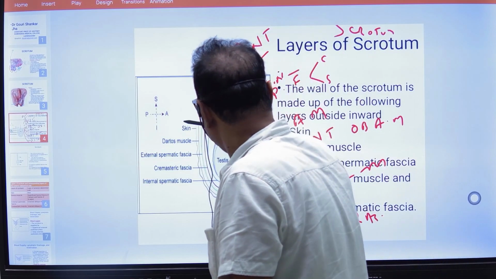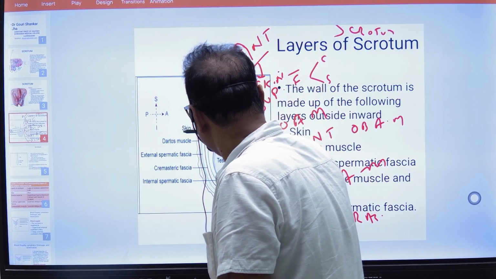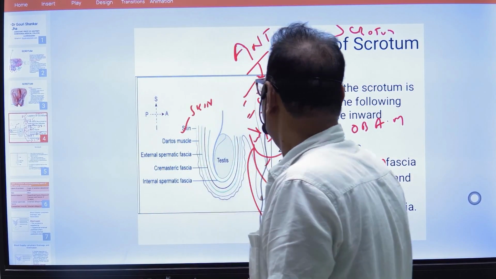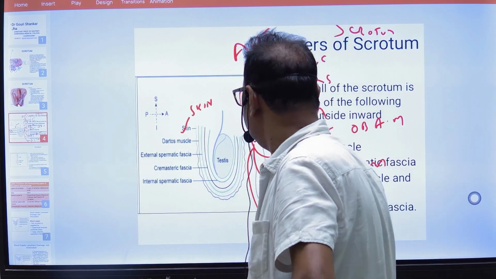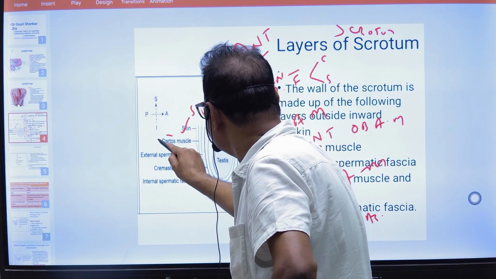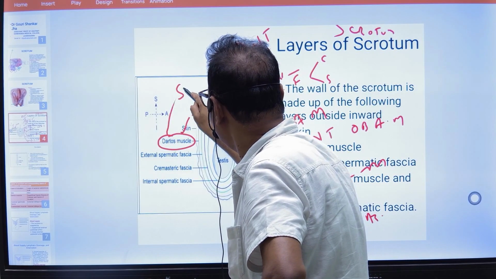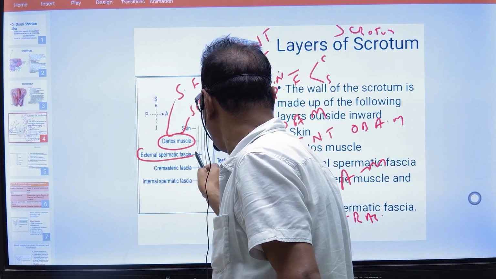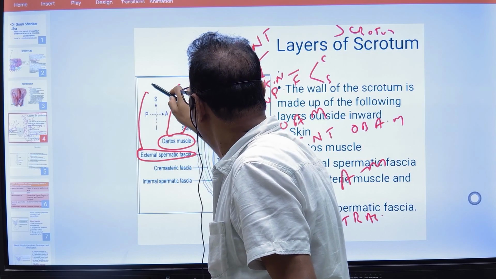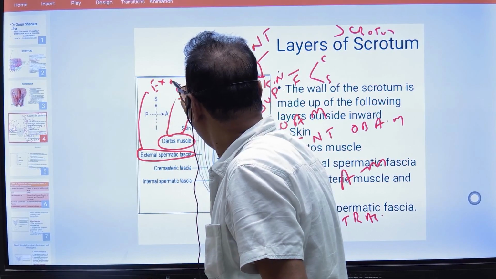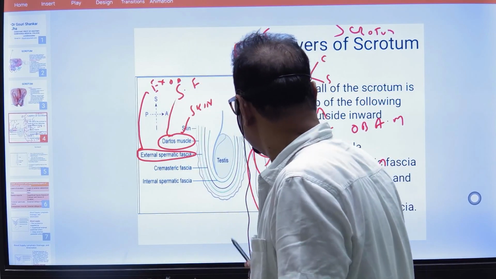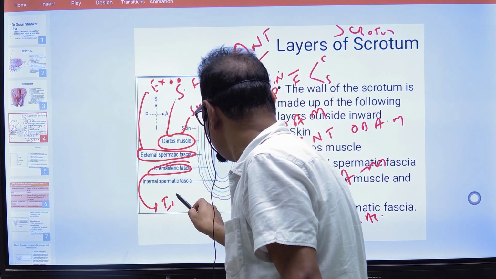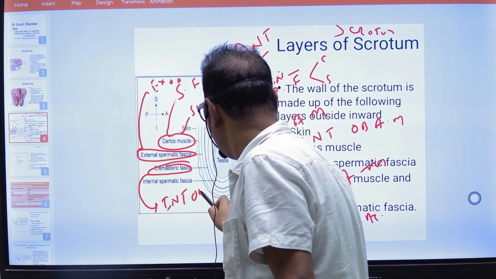So the skin of the anterior abdominal wall is continuous with the skin of the scrotum. The dartos muscle will be a derivative of the superficial fascia. The external spermatic fascia will be a derivative of the external oblique abdominis muscle. The cremasteric fascia will be a derivative of the internal oblique abdominis muscle.